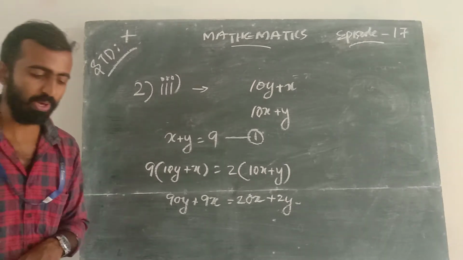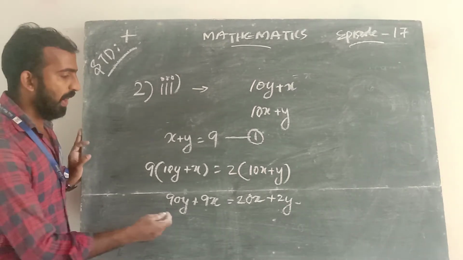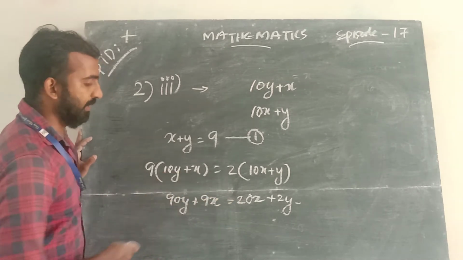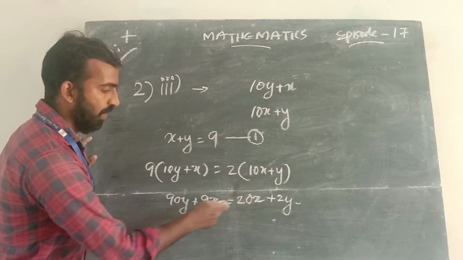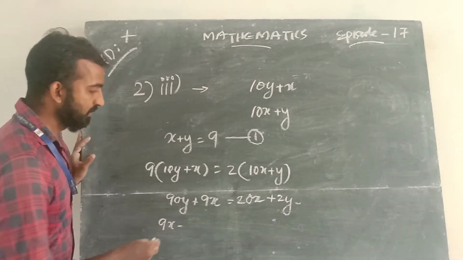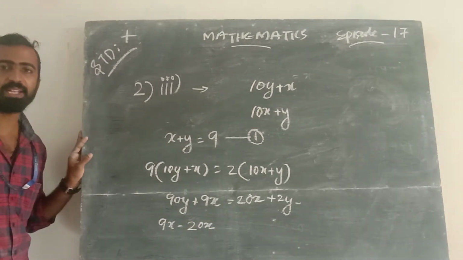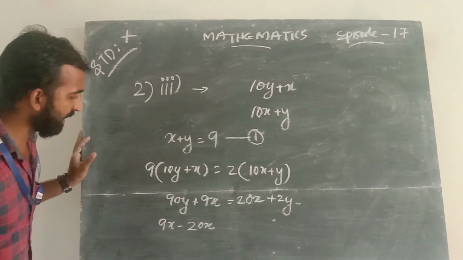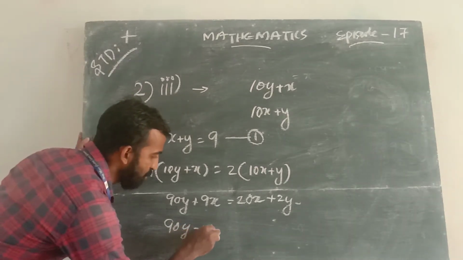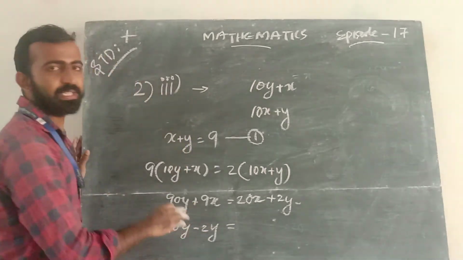Rearranging the positions, 2y goes to the left side and 9x goes to the right side.